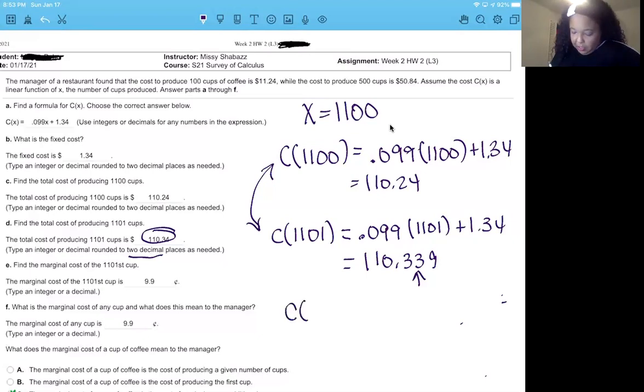So the cost of 1,101 and the cost of 1,100. So that is 110.24 minus 110.34.